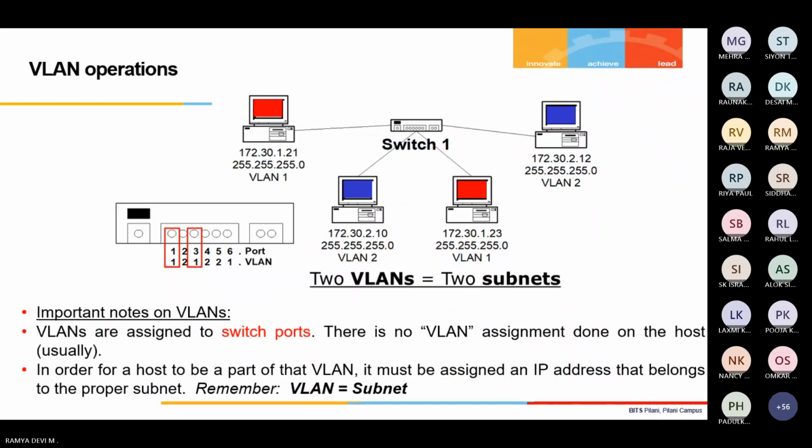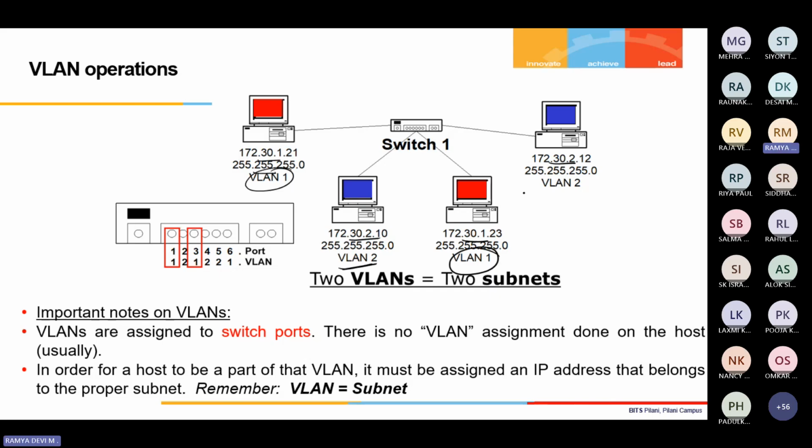Fine. So VLAN operation: logically it is segmenting a physical network into multiple broadcast domains. Each VLAN corresponds to a particular segment, a subnet. Each device in the same VLAN will be sharing the same IP subnet. Two VLANs are there, VLAN 1 and VLAN 2.